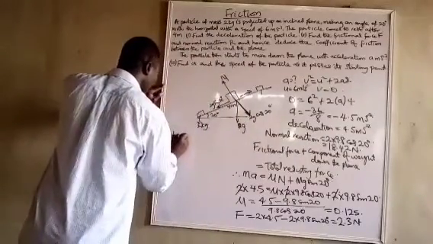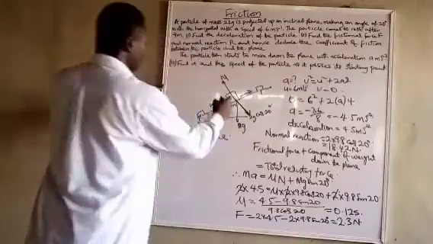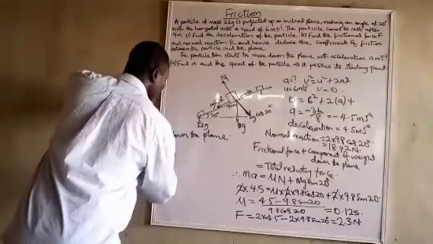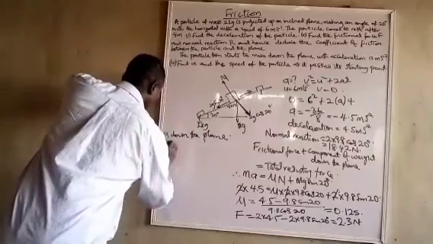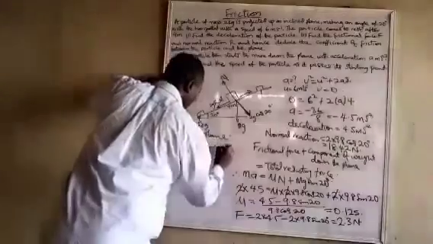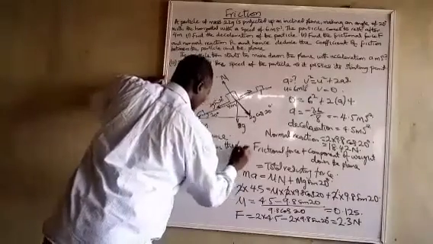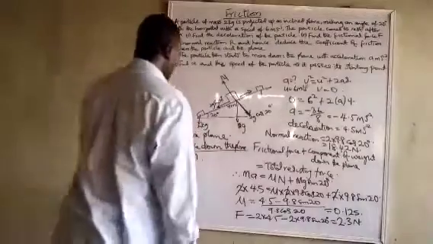a down the plane will be 2, total force down the plane, divided by m. What's the total force?